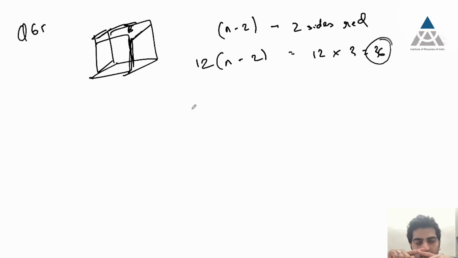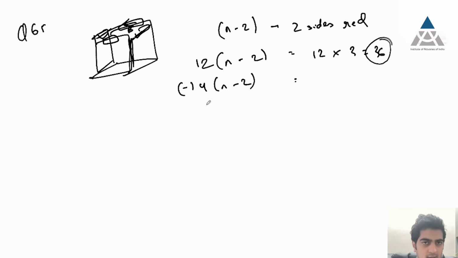Ideally 36 should be the answer. But because here we have one surface which is painted blue, the four corresponding sides will not have two sides painted red. They will have one side painted red and the other side painted blue. So from 12 into n minus 2, there will be 4 into n minus 2 which will be blue on one side and red on the other side.